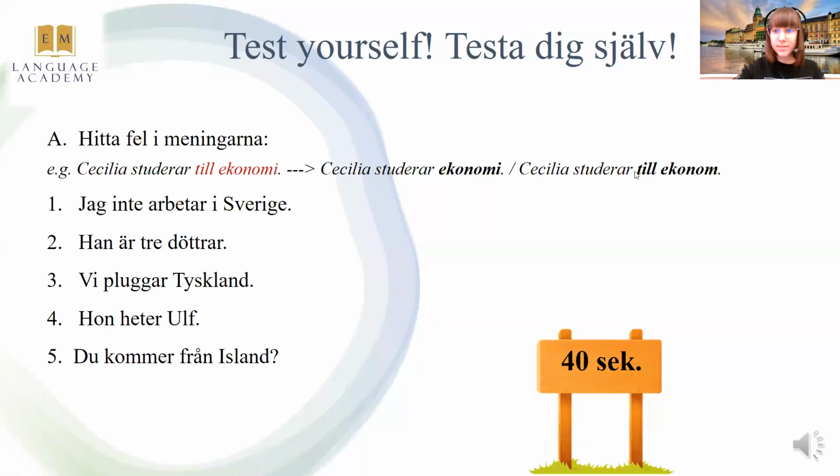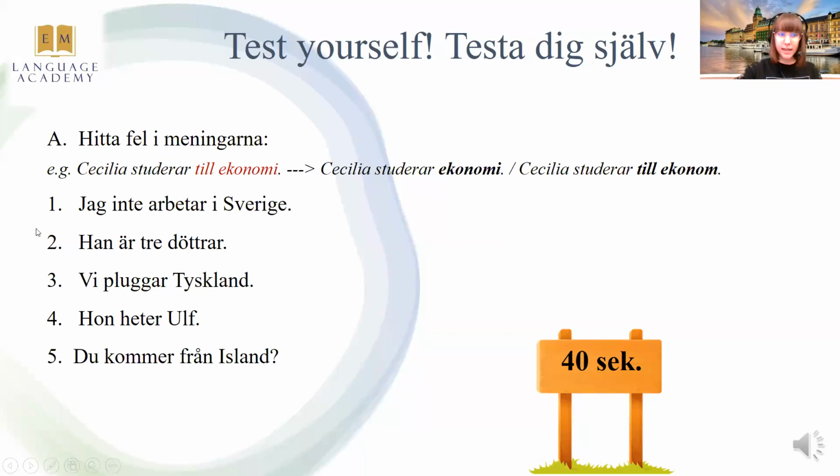While if we take a look at the second possible correct answer, Cecilia studerar till ekonom. We have the name of the profession, right? Ekonom. Therefore, the preposition is also necessary because we are indicating direction, what we are studying for, what is our goal. Cecilia is studying in order to become an economist, right?